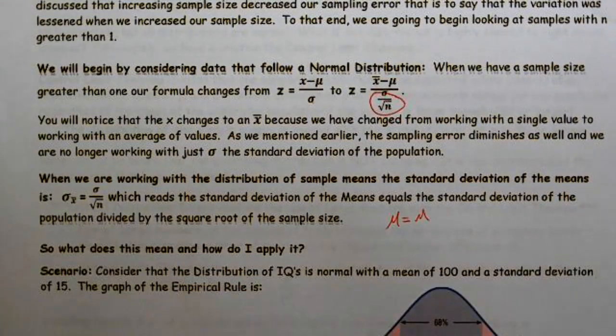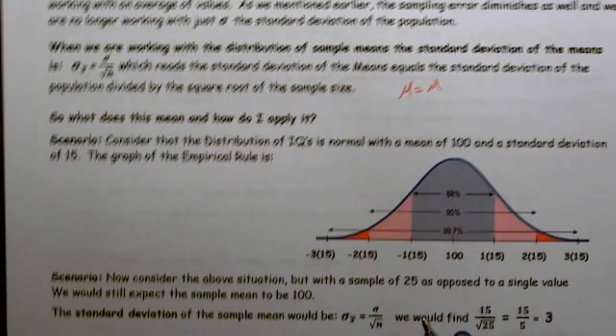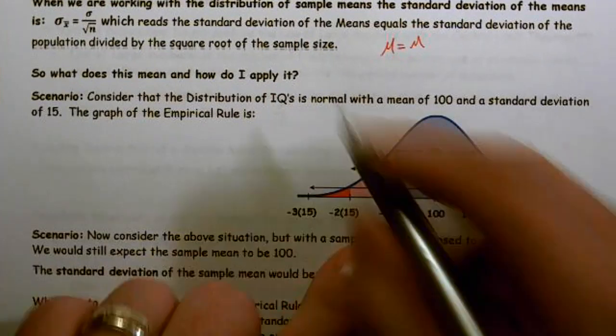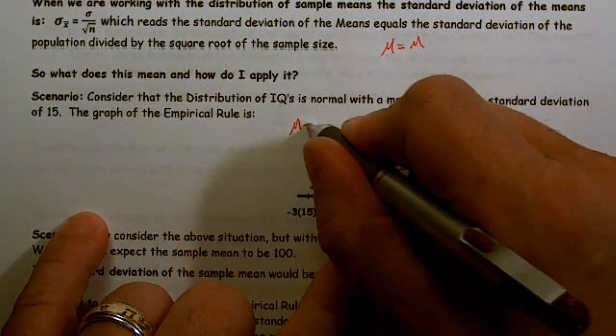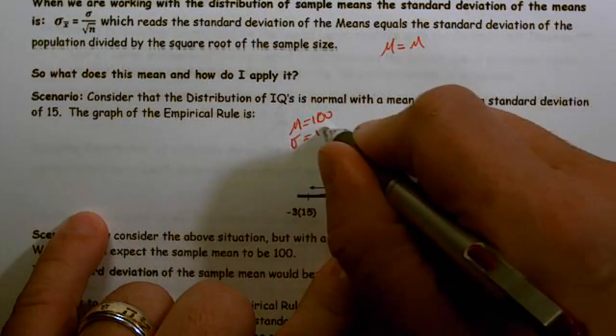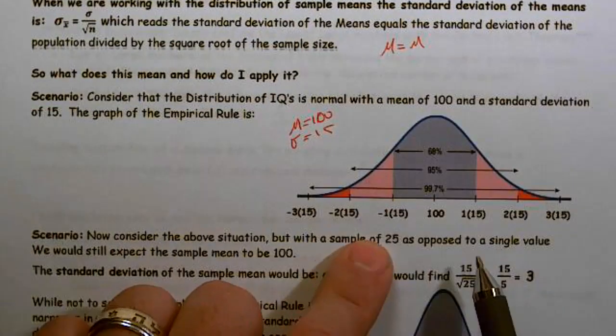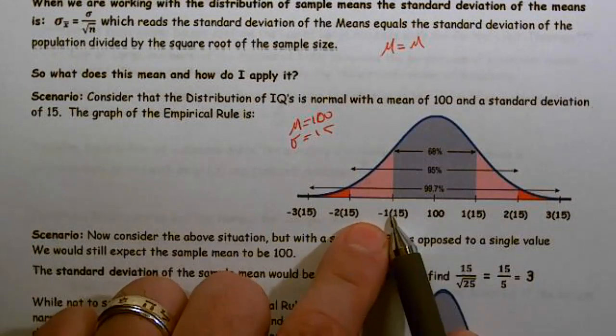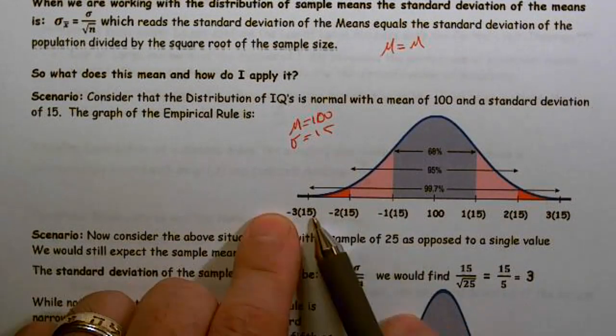All right. So consider the distribution of IQs. In this case, the mean of the IQs happens to be 100, and the standard deviation is 15. Well, if we have that, essentially, there's 1 standard deviation below, 2 standard deviations, 3 standard deviations below.